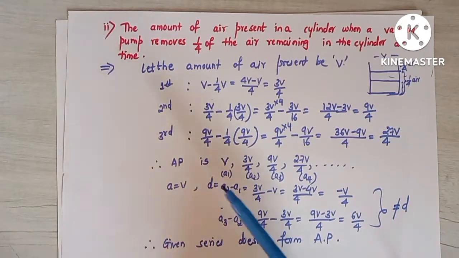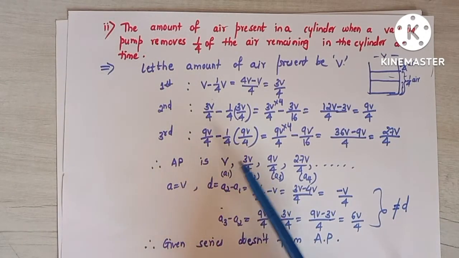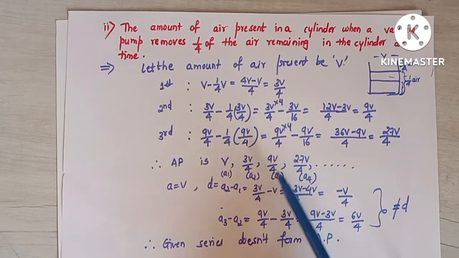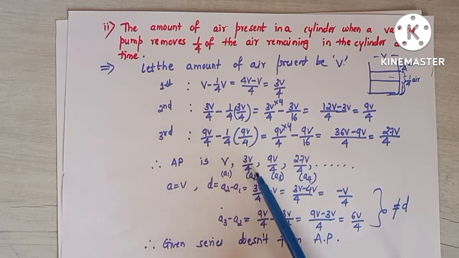So the series will be V, 3V by 4, 9V by 4 and so on. So here we have to calculate D. So D is A2 minus A1. This will be 3V by 4 minus V, which is minus V by 4. Next we have to calculate A3 minus A2, which is 6V by 4. So both are not equal. Therefore, the given series does not form an AP.